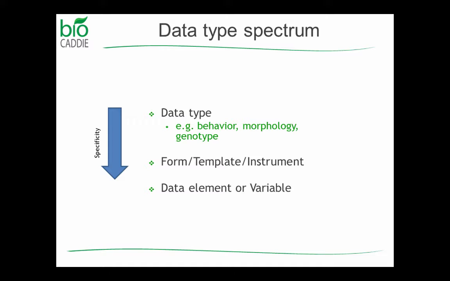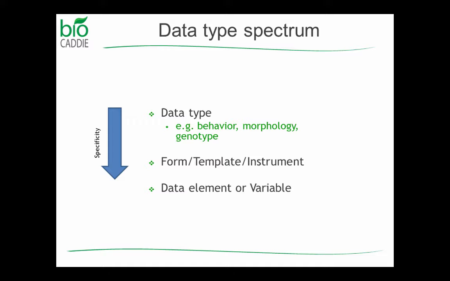But it seems there is a spectrum here which the mouse phenome database has dealt with in some sense, recognizing that there is this sense of a data type, which, for example, here might be behavior, but then there are particular instruments which might be a light dark box for preclinical data, but it might be a case report form for a clinical study.